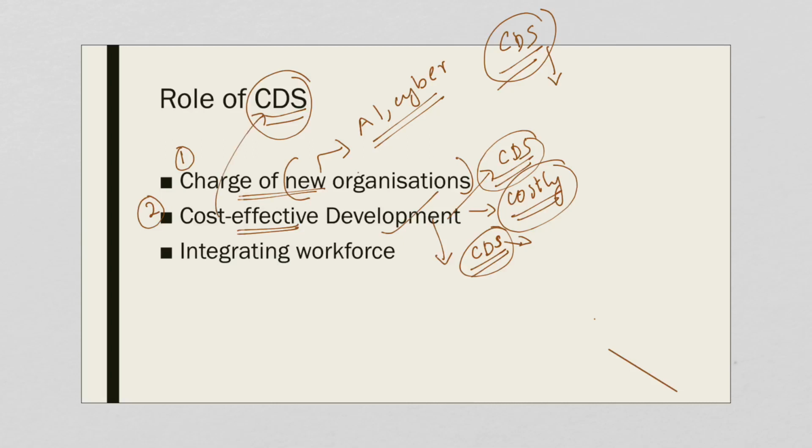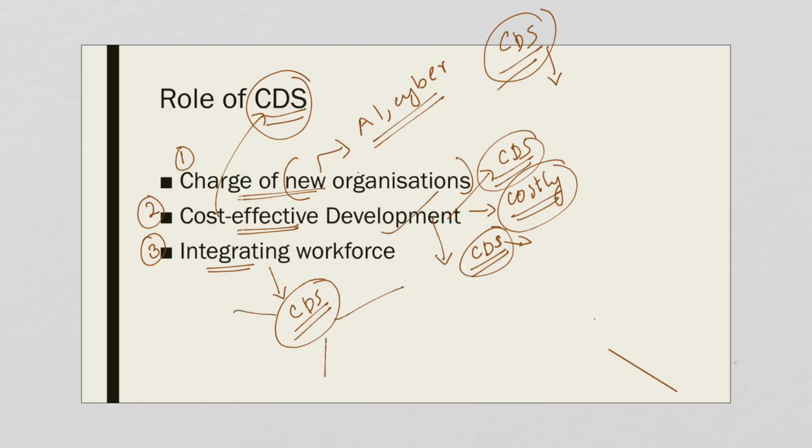Now, the third role of the CDS could be in integrating the workforce. So, future conflict situations can possibly be managed well by an integrated approach. As we have seen, the CDS, the Chief of the Defense Staff, is a tri-service position. That means this position would be the head of all the three service staffs.